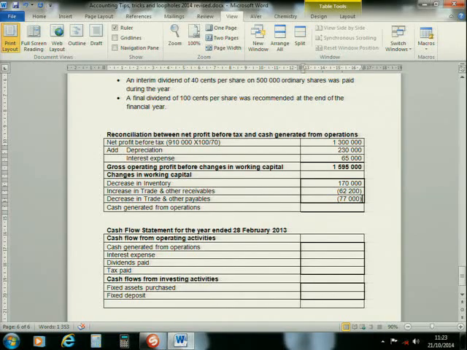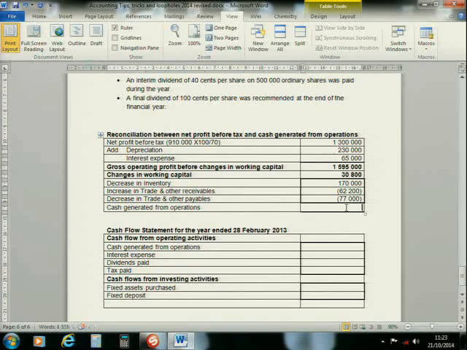That gives us 30,800 as your change in working capital, or net change in working capital, giving us cash generated from operations or operating activities. Okay, that's fine.